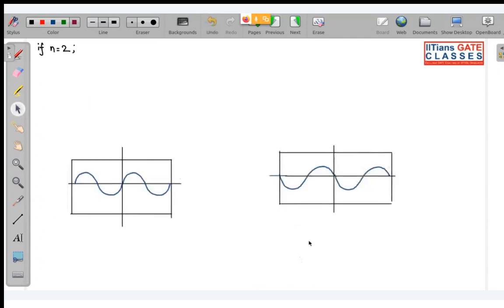Suppose I tell you that in both the conditions, the magnitude of amplitude of sweep is greater than the amplitude of the signal, and in both cases I have given one condition: time period of signal is equal to half time period of sweep.